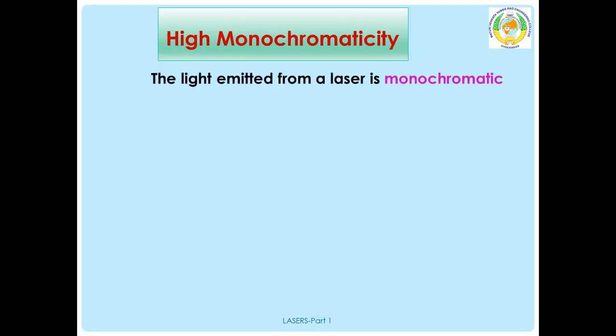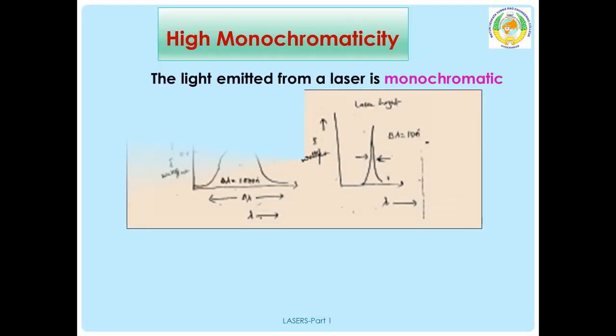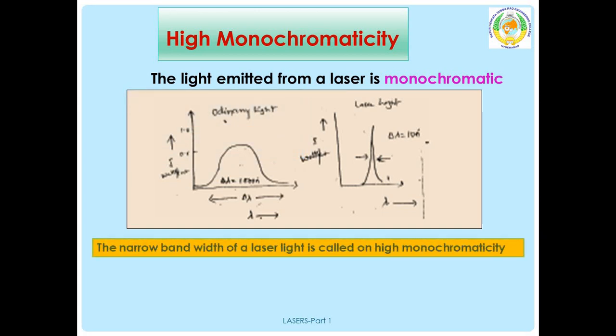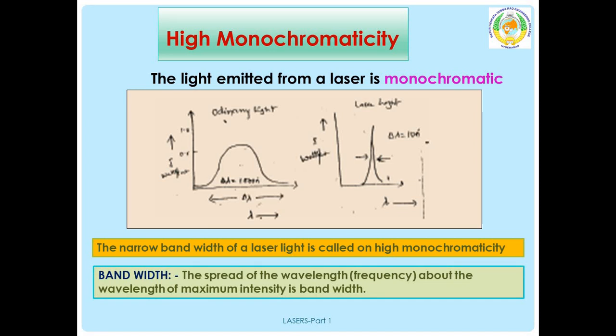Let me talk about high monochromaticity. What is monochromatic? It is a single wavelength. If I am talking about a light source, it should have a single wavelength; it should not have a spread in the wavelength.